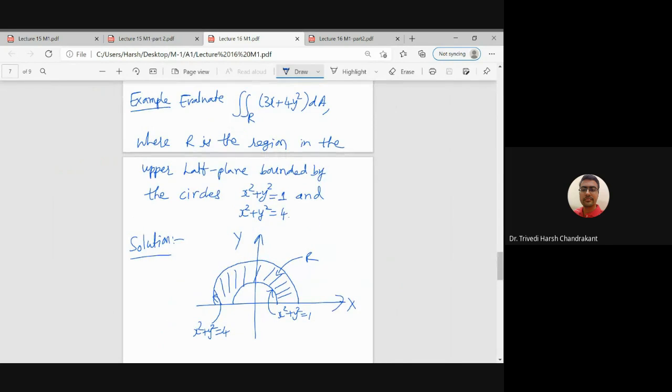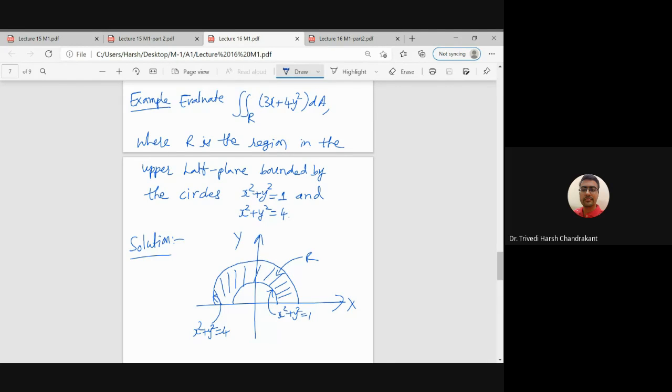So clearly we will not apply Fubini's first theorem. To apply Fubini's second theorem, we need to divide the region into either constant limits of x or constant limits of y. So that is one of the methods maybe we can apply here. But the reason we are now applying the third method, which is change of variables, is that our region is given by circles. We know that whenever we have a circle, that circle equation we can convert in terms of r and theta.